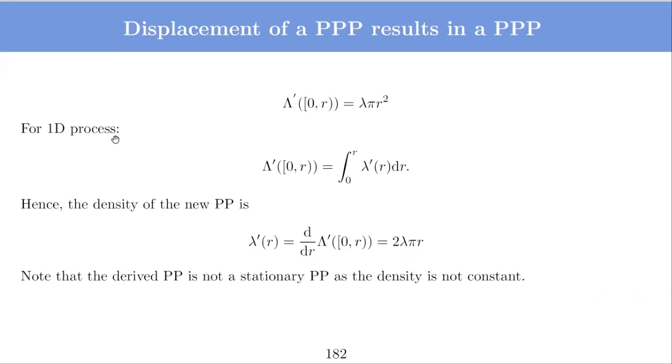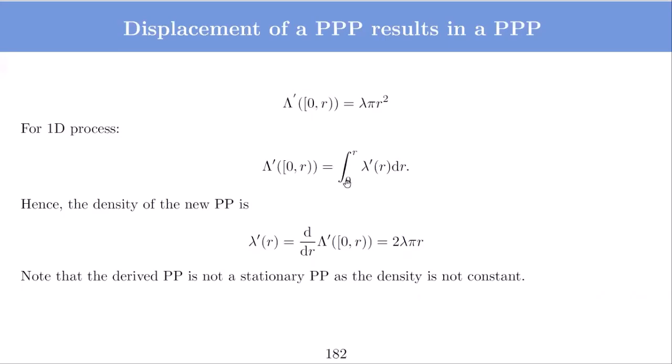So for a one-dimensional process, if the density is lambda dash(r), then the intensity measure should be equal to the integration of the density from 0 to r. Note that it's a one-dimensional process, the new one, so I have to deal in that dimension. If the new process was also 2D, instead of this you would have a two-dimensional integration.